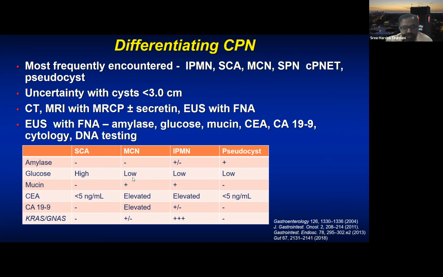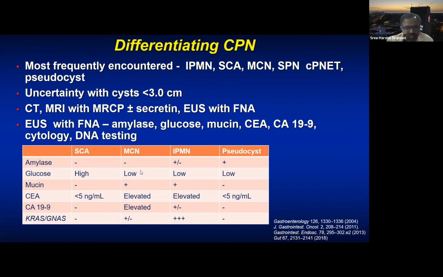The numbers are variable, but the standard number used is 66 mg per dL. If the glucose level is less than that, then you start getting into the concern of mucinous neoplasm or an IPMN. Pseudocysts also have low glucose. But the more useful is when it's high. If it's more than 66, it's definitely a serous cystadenoma. So if you see a unilocular cystic lesion with a high glucose and no amylase, then you're dealing with a serous cystadenoma.